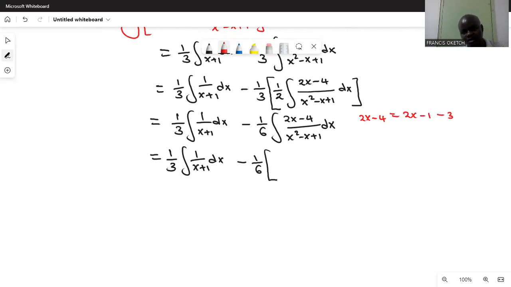So this you can write as the integral of 2x minus 1 over x squared minus x plus 1 dx, of course, that dx. Then there's that minus 3.